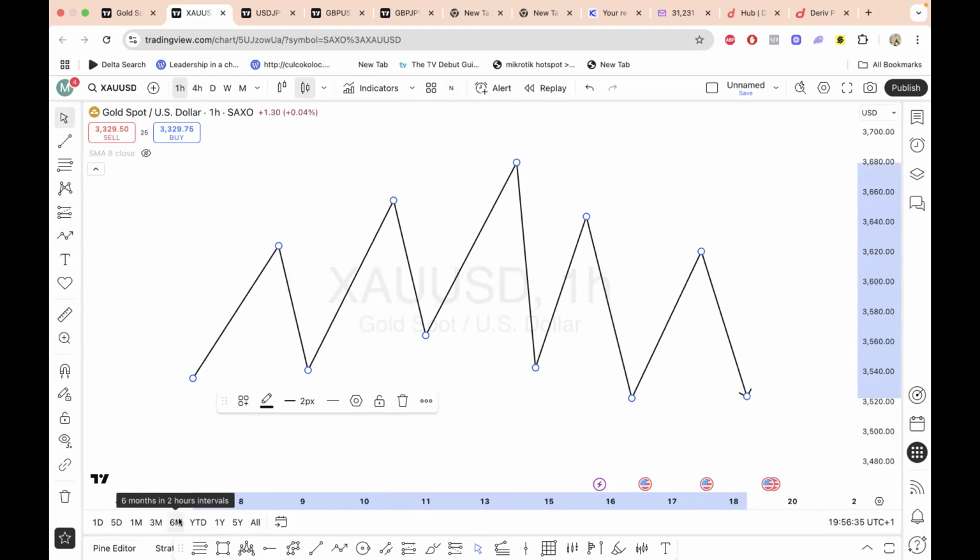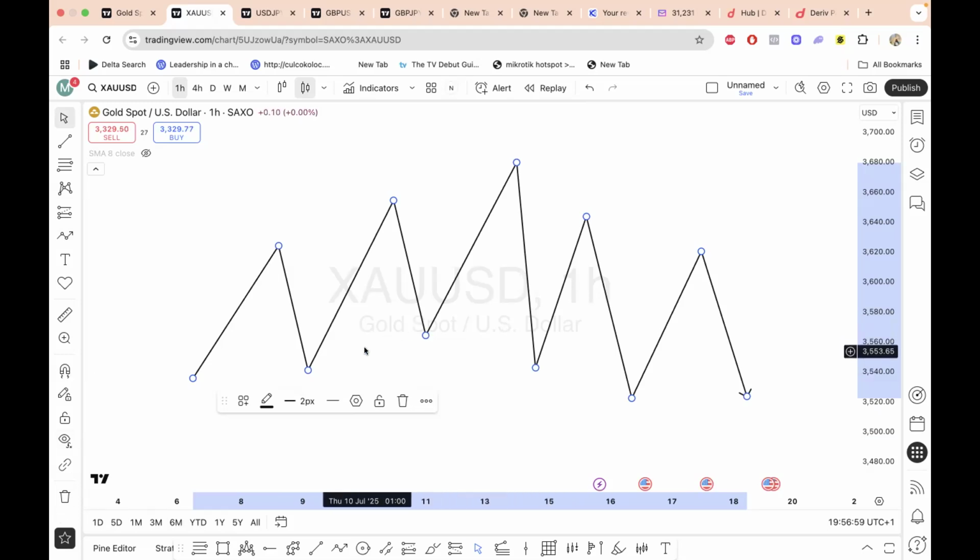Anybody? A change in trend. Good. A change in trend, market change. From up to down. That's what I wanted to hear. From uptrend to downtrend. It changed direction from uptrend to downtrend.